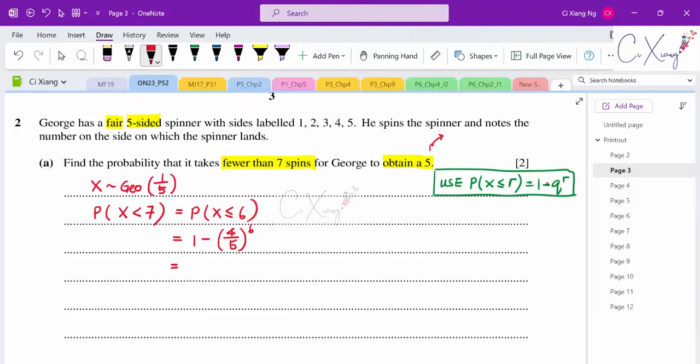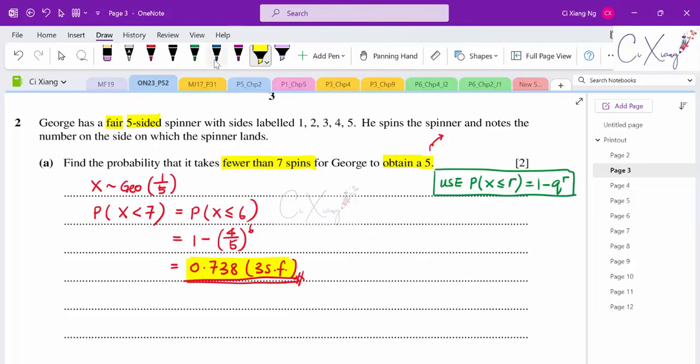Okay, then by just using calculator to help you, you should be able to get 0.738 as your final answer, correct to 3 significant figures. Okay, so this is how we get the part A answer.